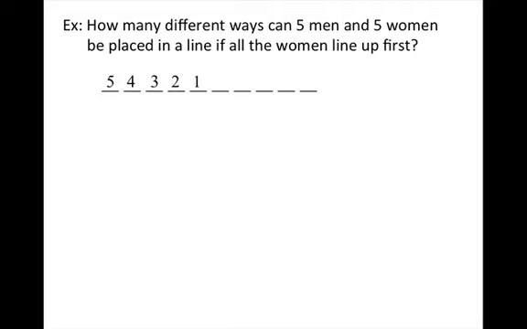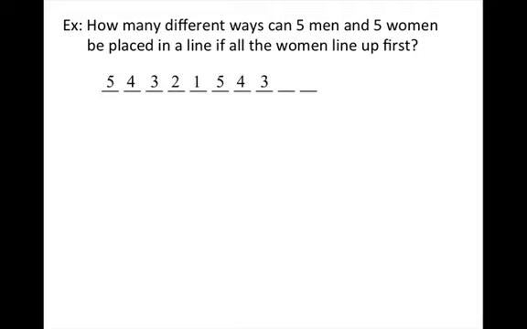Now the last 5 positions are the men. So I start out with all 5 men to choose from. Once I place 1 man in line, I have 4 choices for the next position. Now that I've used 2 men, that leaves me with 3 men for the next position.